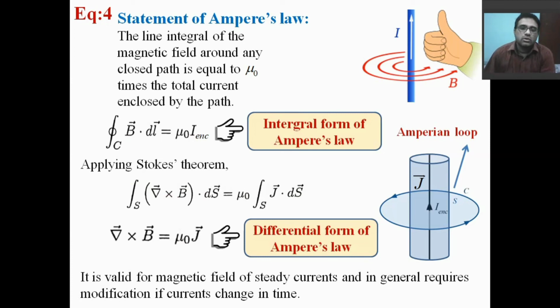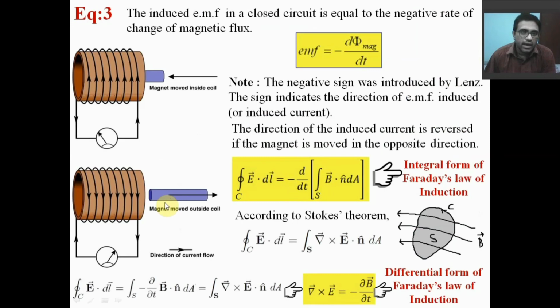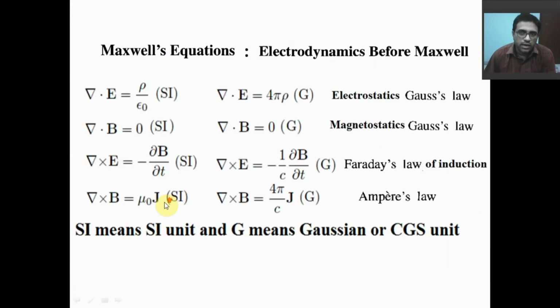Sometimes we put an arrow over del to express it as a vector, or sometimes, if you go back here, we are not putting any vector sign. This is not wrong.